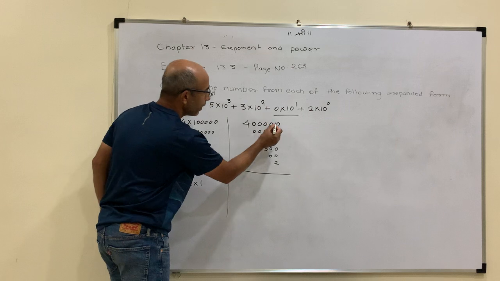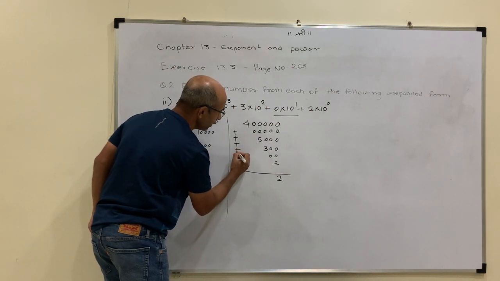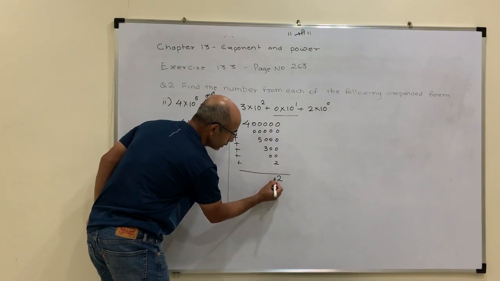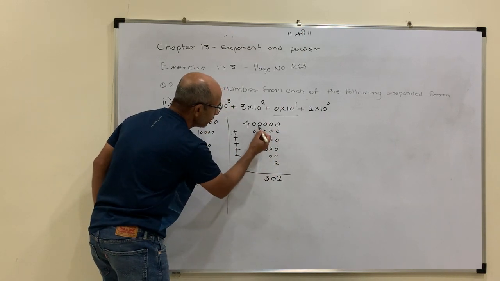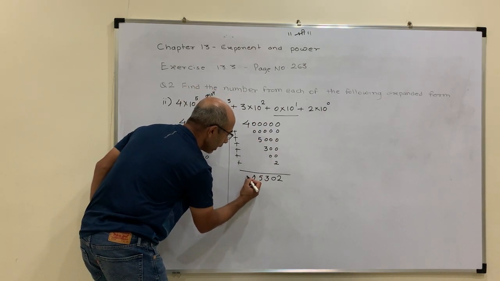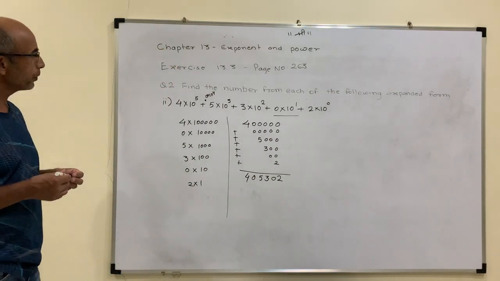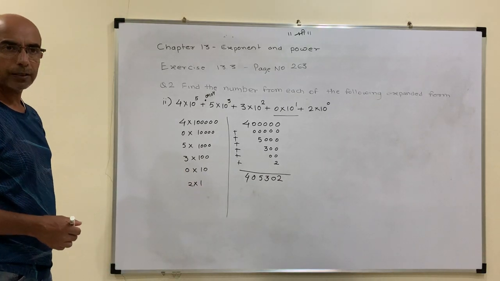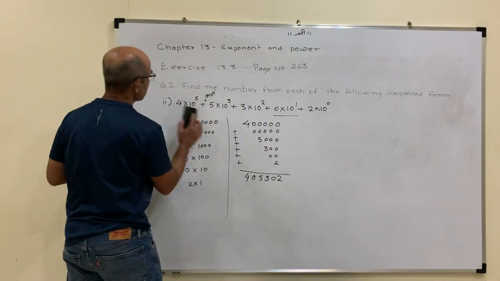So now add. 2, 0, 0, 0, 0, 0, 0, 0 plus 3, 3, 5 plus 2, 0, 5, 0 plus 0, 0 and last is 4 plus all 0, 4. So my number from this expanded form is 4,05,302. So now move on to the next one.